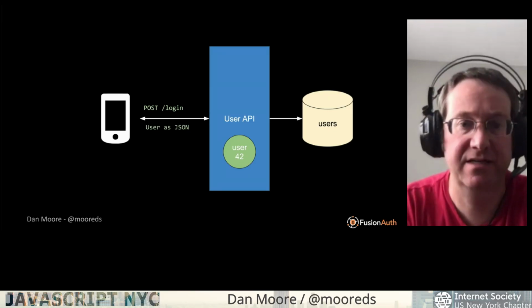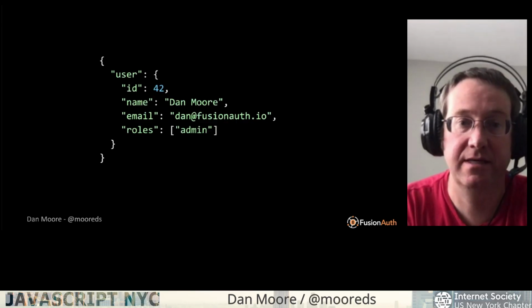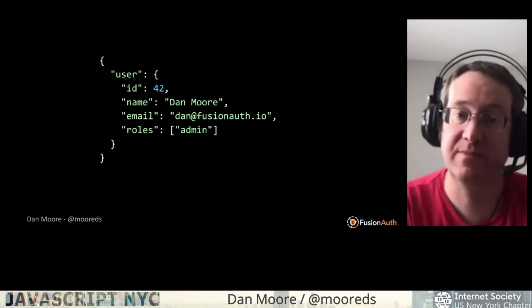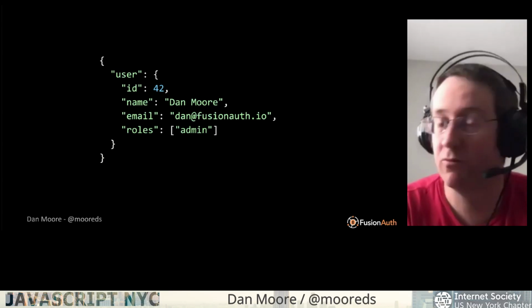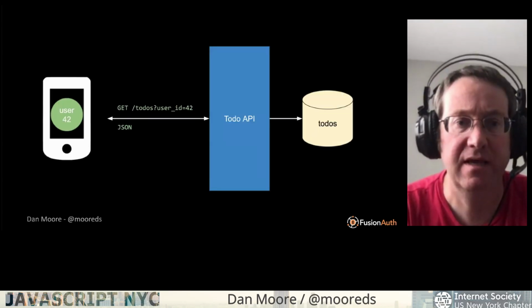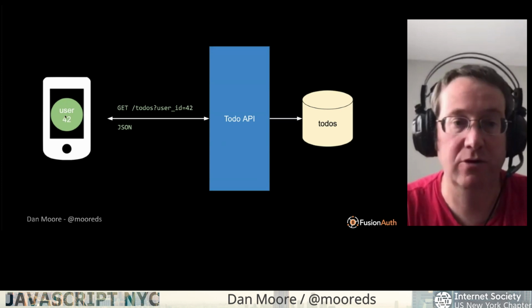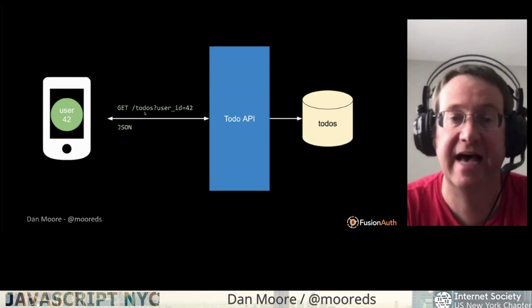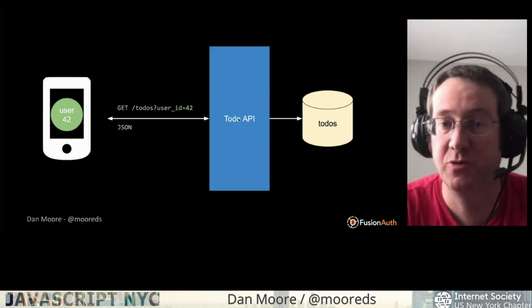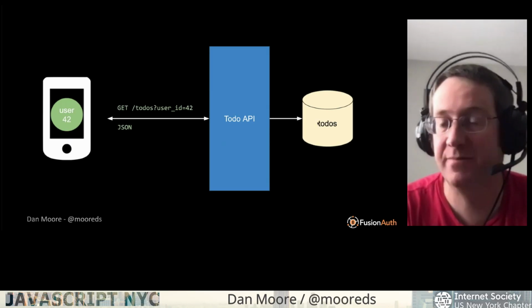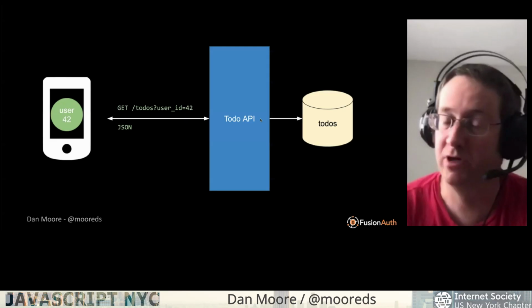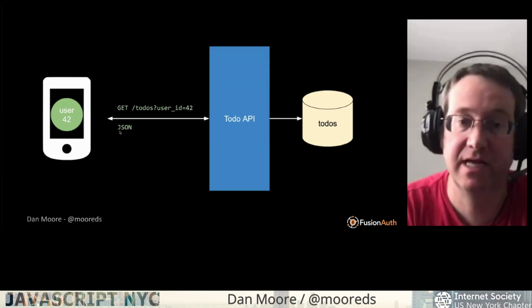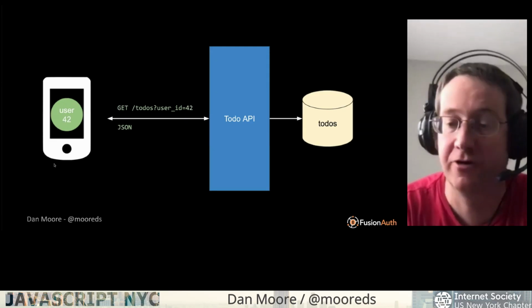The JSON might look something like this: it has an identifier, my name, and what roles I have. Then to get my to-dos, the client would pass that user ID up to the to-do API. The to-do API would go against the to-dos database, pull back whatever to-dos I had, and send back JSON. Then the client could render that.